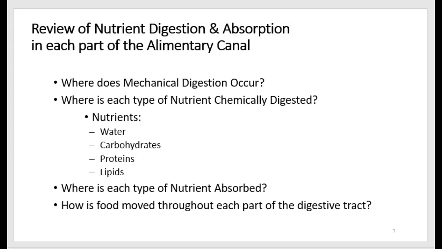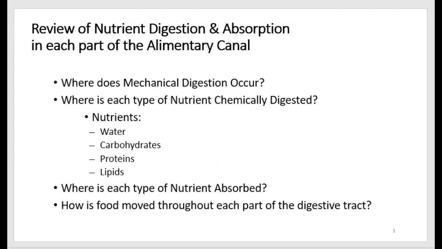Those nutrients would be carbohydrates, proteins, and lipids. And where is each type of nutrient absorbed? That would include carbs, proteins, lipids, and then I would add water to that. And finally, how is food moved throughout each part of the digestive tract?